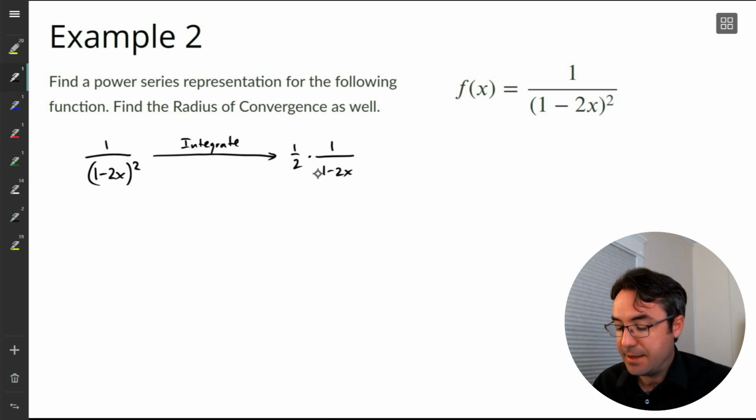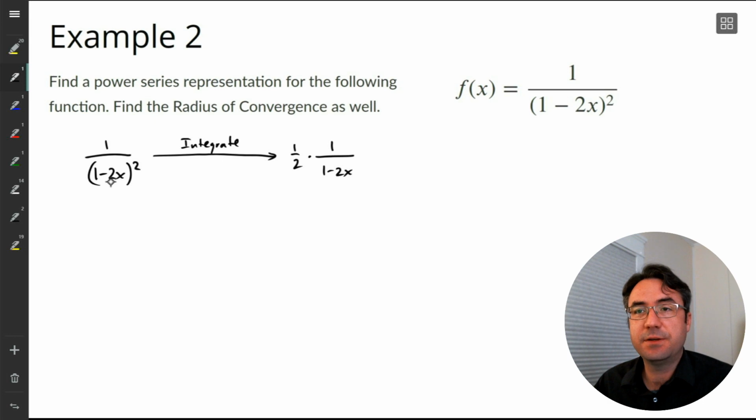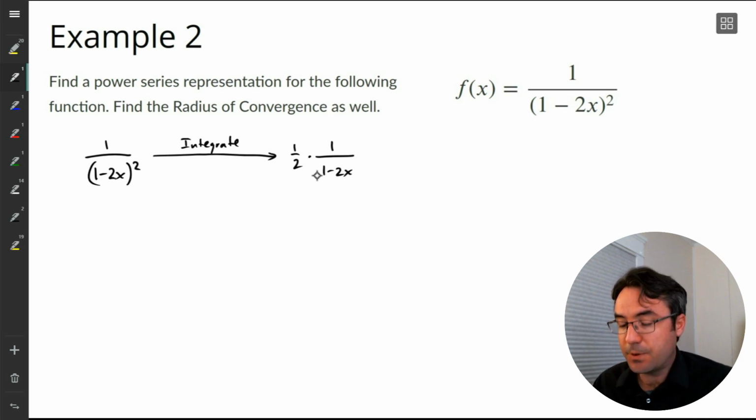And this 1 over 1 minus 2x is very similar to our main prototype form that we rely on to find these power series representations. So the idea here is we start with our function and we can integrate it to get it in a more recognizable form. And then we're going to find a power series representation for this function, because we actually know how to do this one.